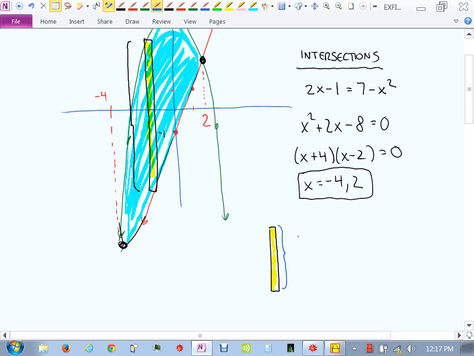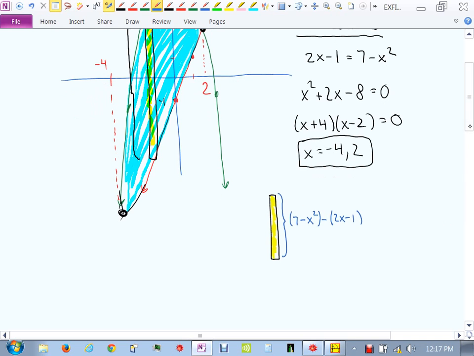The height of it is the top function, which in this case is 7 minus x squared, right? Minus the bottom function. What's the bottom function? 2x minus 1. Now, my use of parentheses is vital here, isn't it?